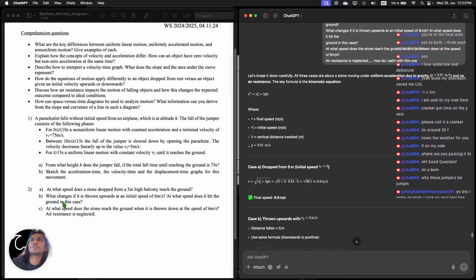What changes if it's thrown upwards with an initial speed of 6 meter per second? At what speed does it hit the ground in this case?